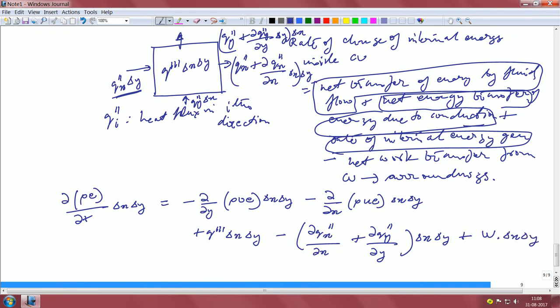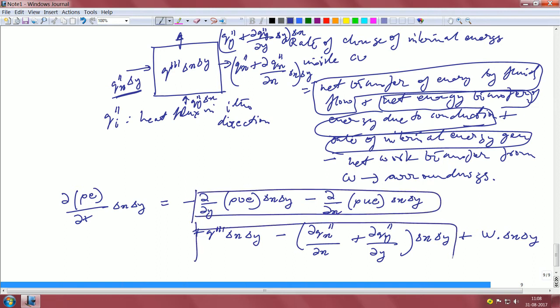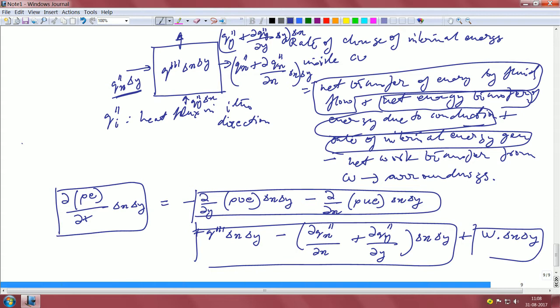The work term is whatever work is done to the surroundings, or the surroundings do work on the body. So, this is the full expression. We have just assembled all the terms. These came from the flow, this came from the conduction part, this is the work part, and this is the rate of change of internal energy within the control volume.